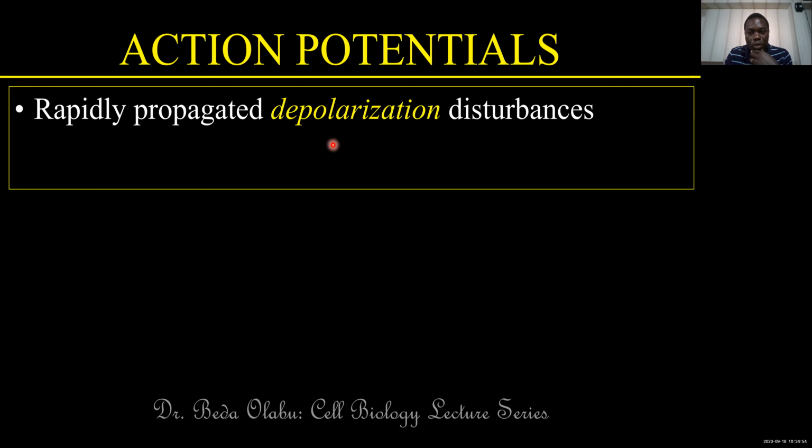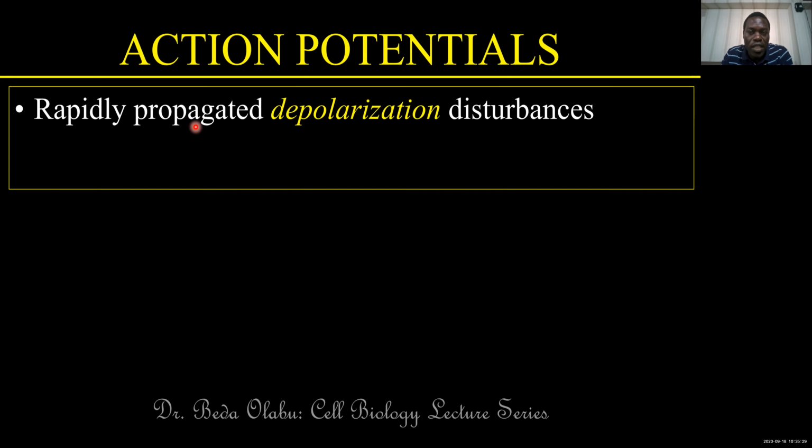What are action potentials? Action potentials are rapidly propagated depolarization disturbances of the cell membrane. Get that right? It's rapid, which means it's happening very fast. They are propagated, which means they are moving along the cell membrane.